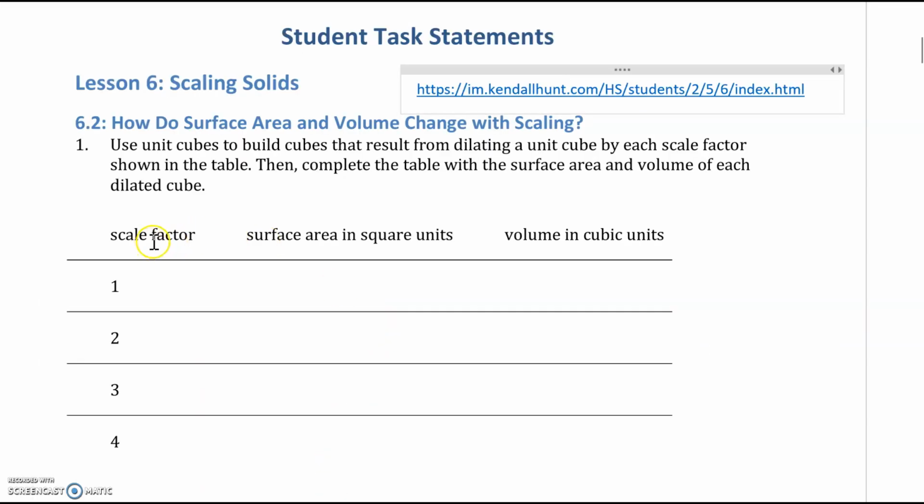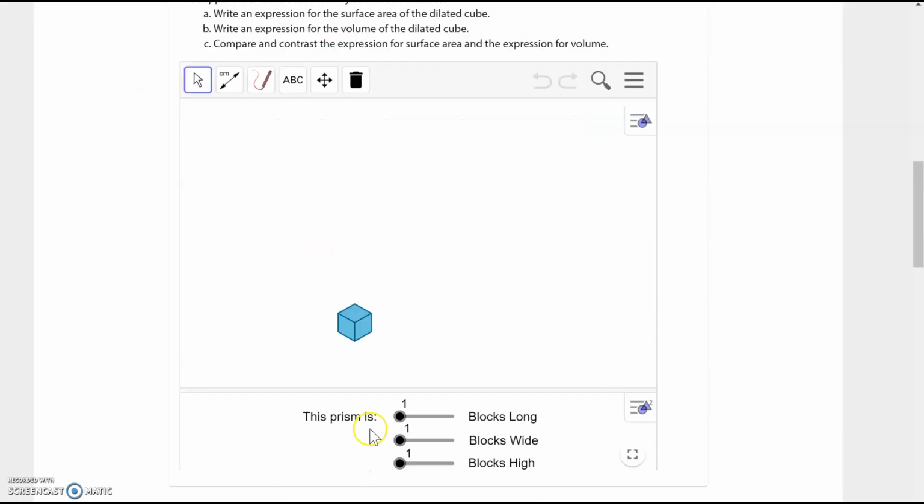First, we want to talk about the surface area in square units. If we come over to our unit cube, the surface area, remember, is just the area on the outside of a three-dimensional figure. So let's look at it one side at a time.